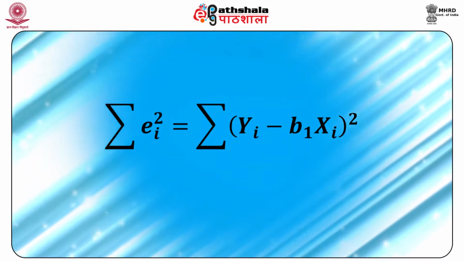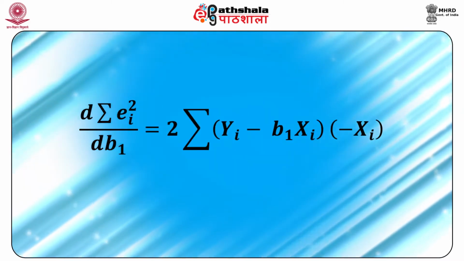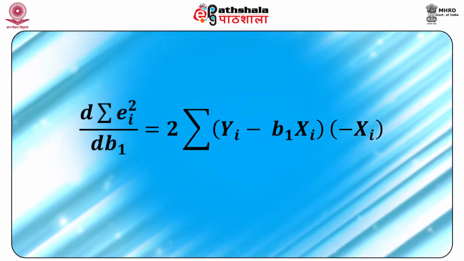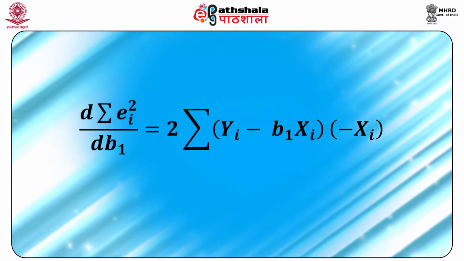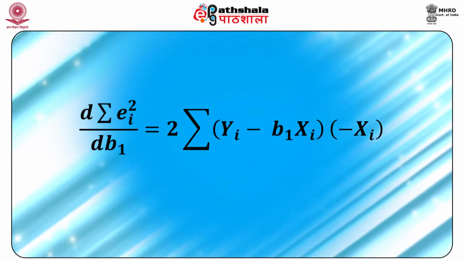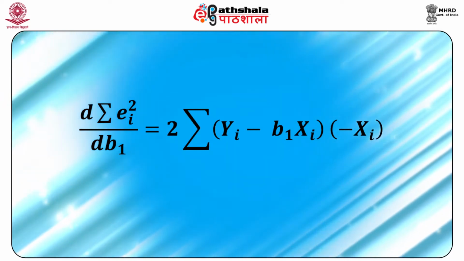Xi) square. Differentiating with respect to b1, we have the derivative of sigma ei square upon the derivative of b1 equal to twice into sigma (Yi minus b1 Xi) into minus Xi.